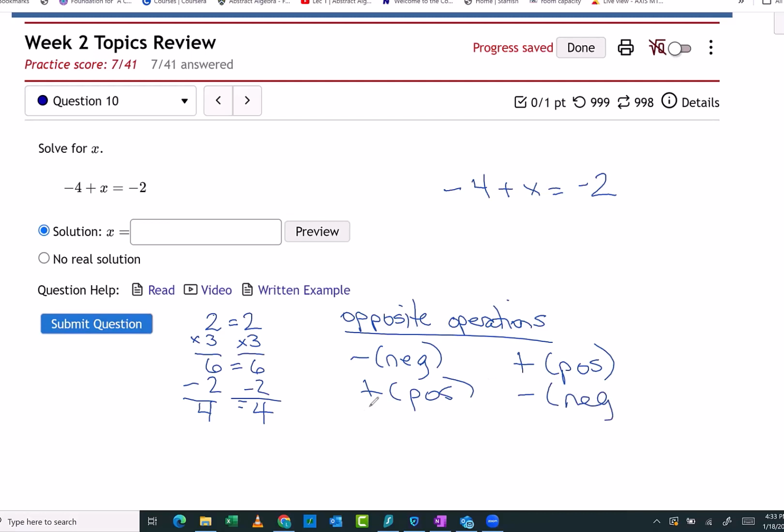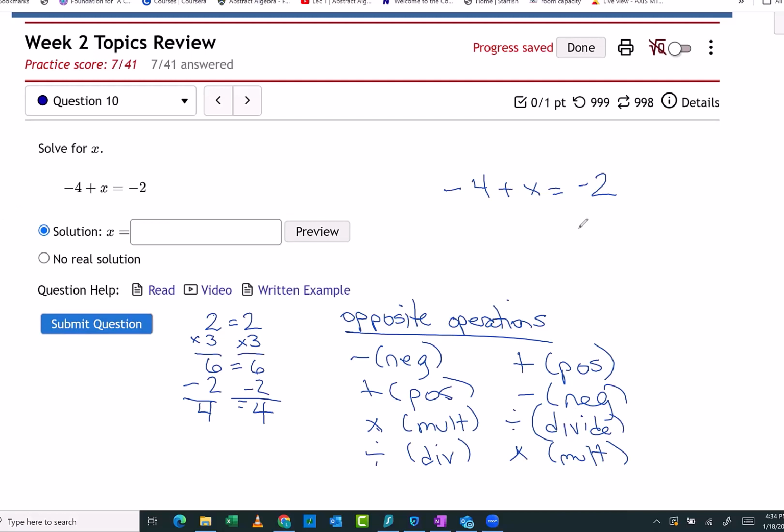If I have multiplication, I divide. And if I have division, I multiply. Those are opposites of each other. Now let me show you in this problem.